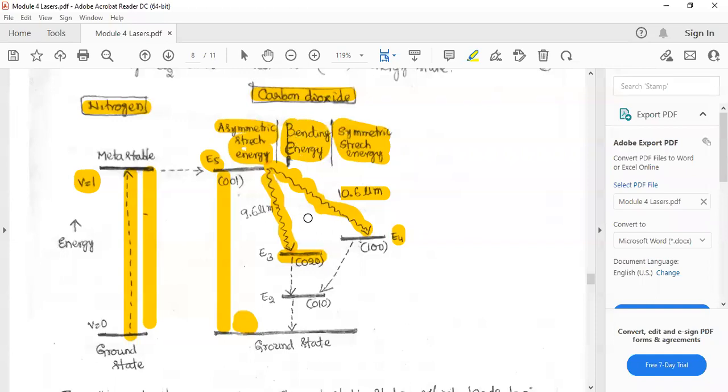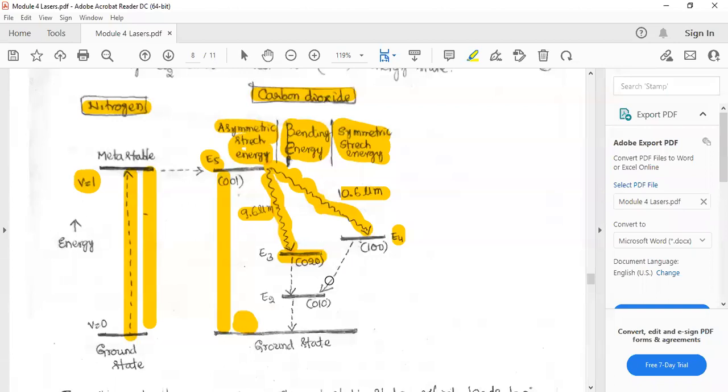The carbon dioxide molecule coming from E5 and falling to E3 will emit 9.6 micrometer IR radiation. Therefore, we are going to get two different wavelengths using the carbon dioxide laser, both in the IR region.